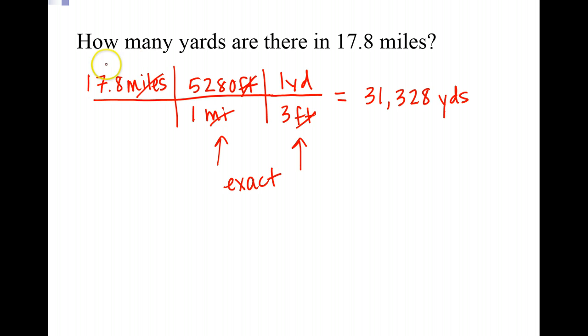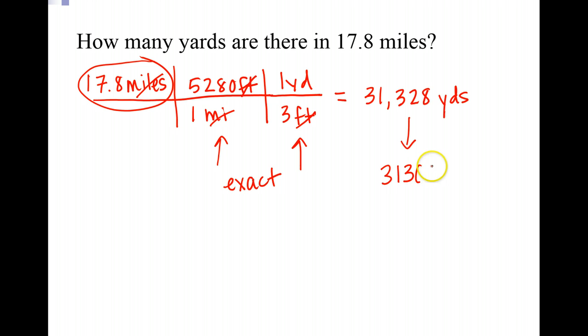We instead come back to our given number, 17.8 miles, the measured quantity. 17.8 has 3 significant figures. So we need to take our answer and round it to 3 significant figures. I sometimes have students who will write 313 as their answer. 313 does have 3 significant figures, but it's certainly not close in length to 31,328.